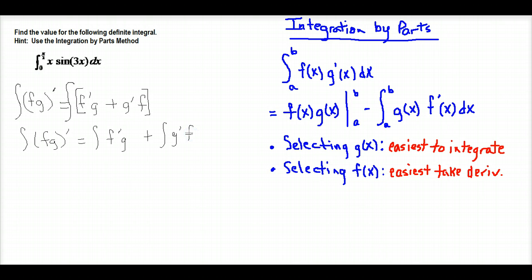Now, let's say that we wanted to solve for the integral of f prime g, or we wanted to solve for the integral of g prime f. Then here we would subtract either one from both sides.